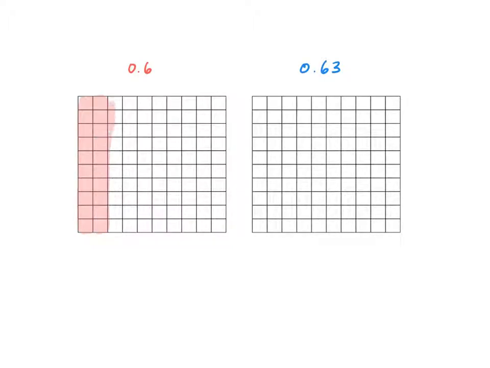So there's 1, 2, 3, 4, 5, 6. So I'm going to completely shade all of those in. And there's 6/10.